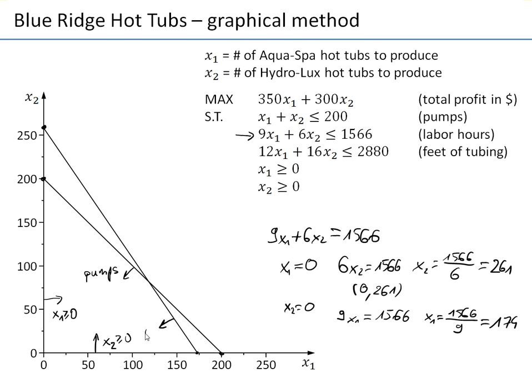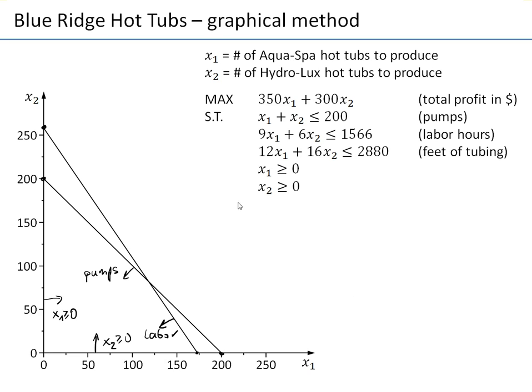So I'll just write here, this is the labor constraint, and this is this line or points below, right? So I have already a total of 4 constraints, the 2 non-negativity, pumps and labor, and the last one that I need to do is the feet of tubing. So let's delete those parts.